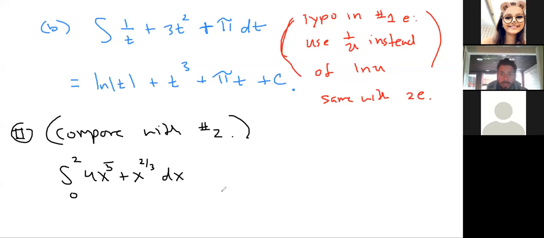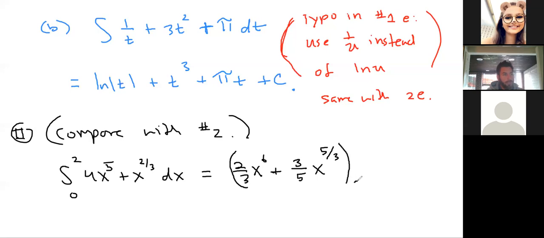But now we expect to get a numerical value. How do we get our numerical value? We write down the antiderivative, which in this case was 2/3 x to the 6th, plus, when I added 1 to 2/3, I got 5/3, so when I divided by that, you get 3/5 x to the 5/3. You evaluate this at 0 and at 2, and take the difference.